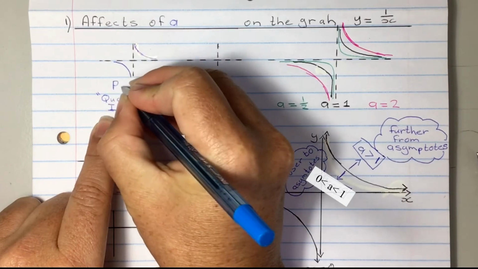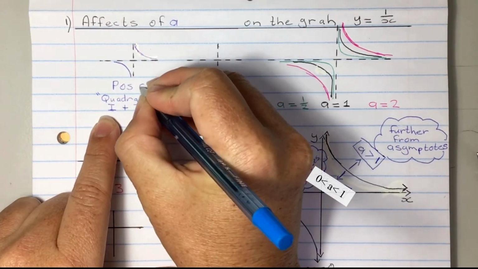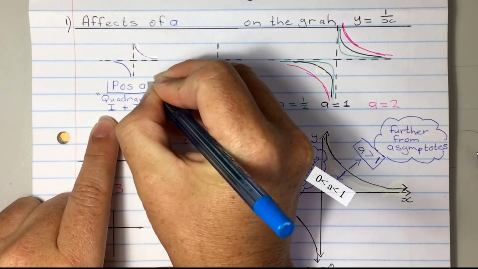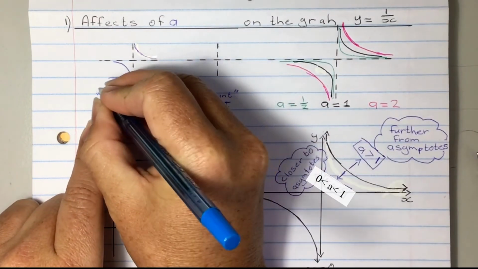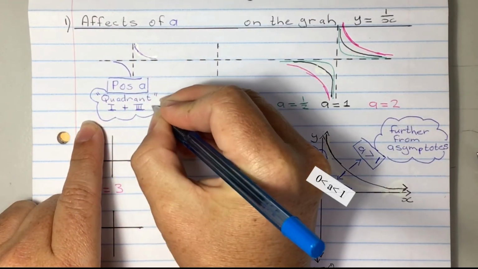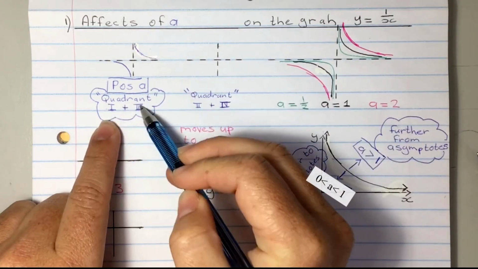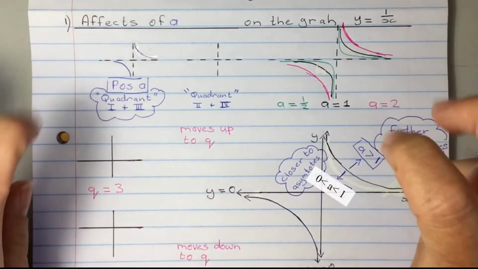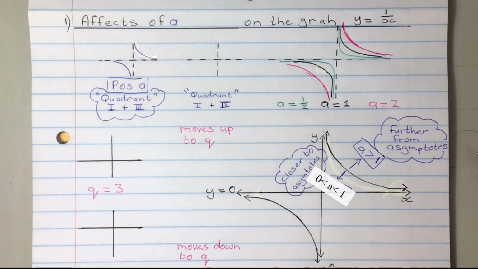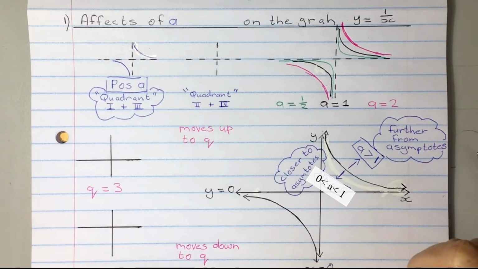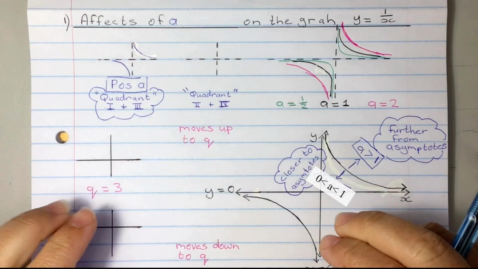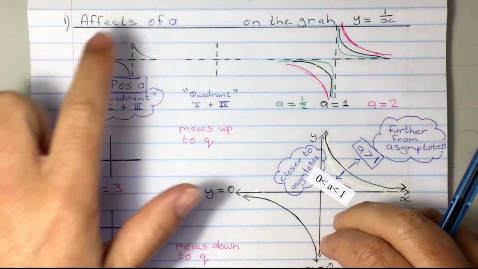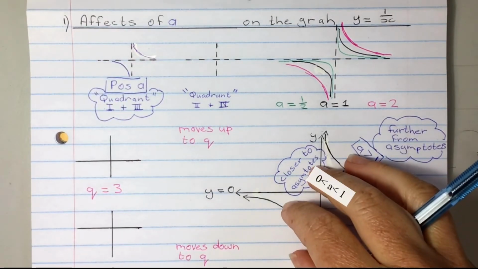So if our A is a positive A over here, then we're going to have our two pieces sitting in quadrant 1 and 3. Now I've got little marks like that by it because remember that we are looking at the quadrants according to the asymptotes, not to the axes.